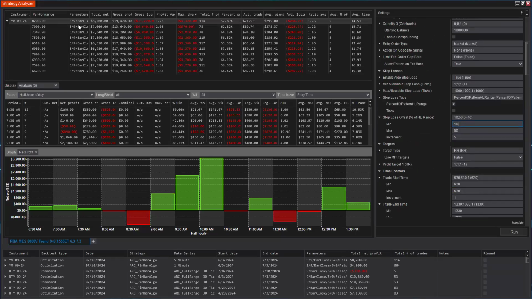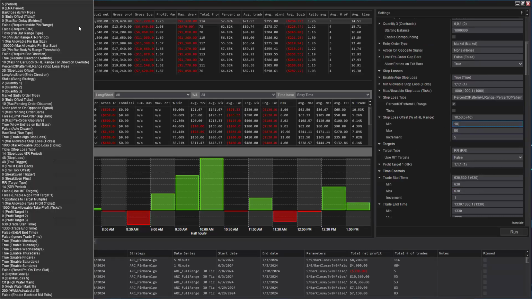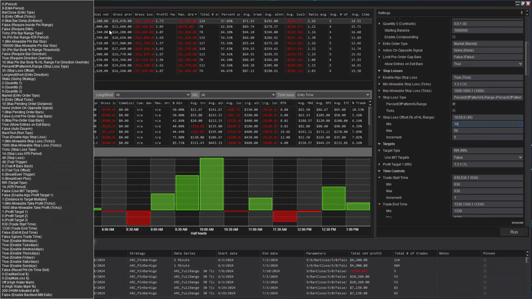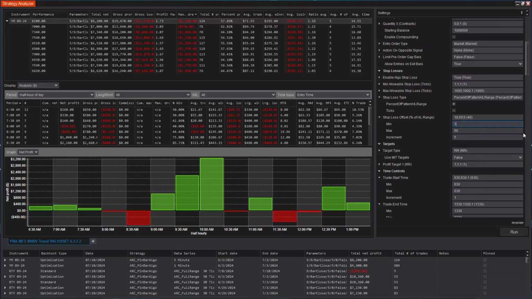Offset 40, what was the other one? Offset 35, 40, 35. So let's try it at 35.